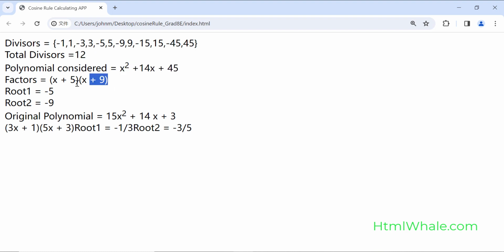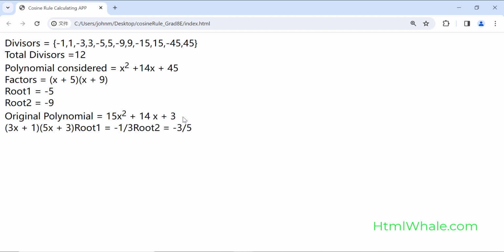This is the starting point and its factors, its roots, and this is the original polynomial given. The coefficient of x being 14, coefficient of x squared being 15, and the constant term being 3. So this is the factor that we have extracted. The first root is -1/3. The second root is -3/5. So that is the completion.